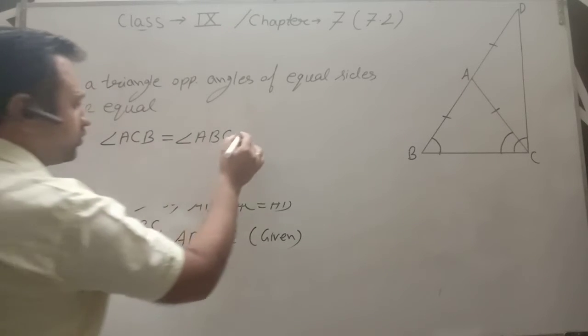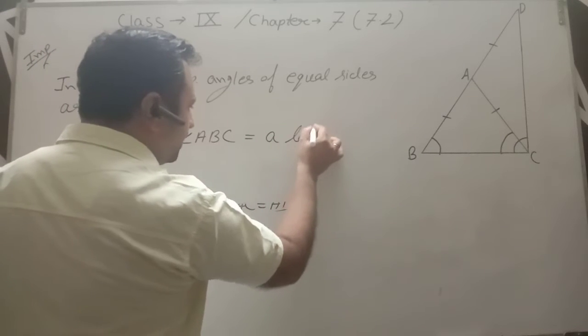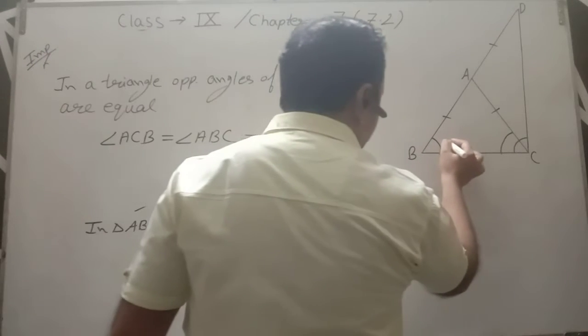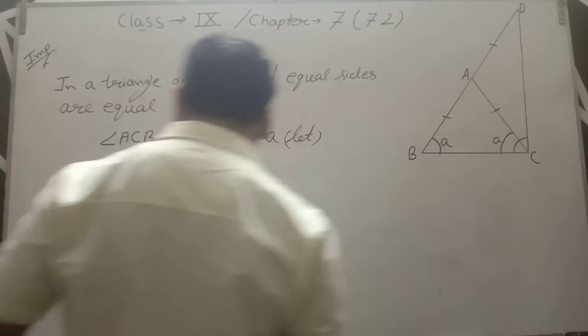These two angles are equal and we suppose both angles are small a, and just show in the figure.